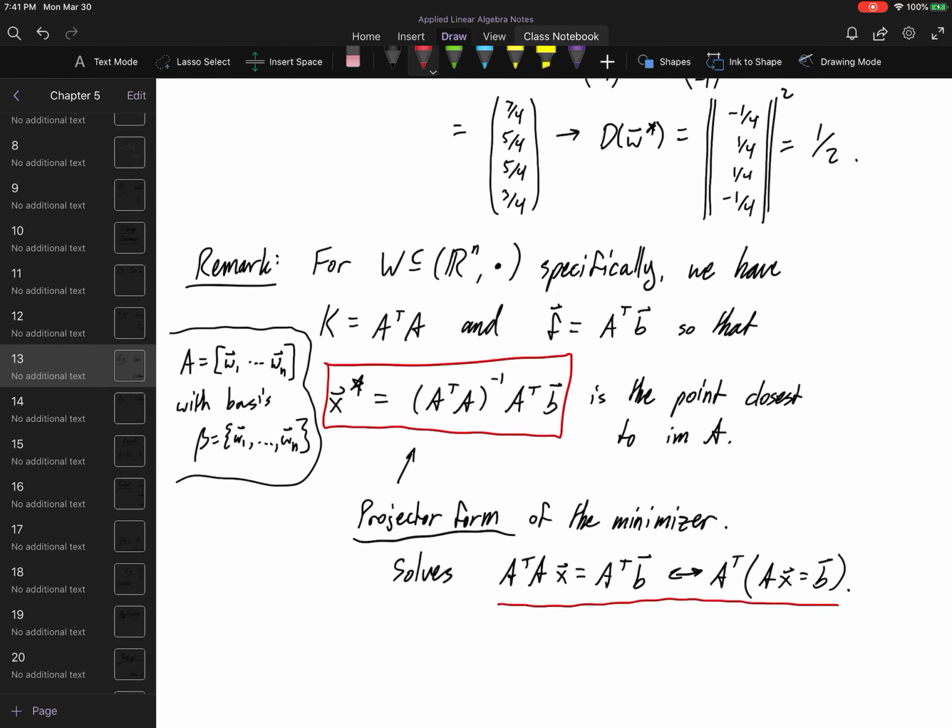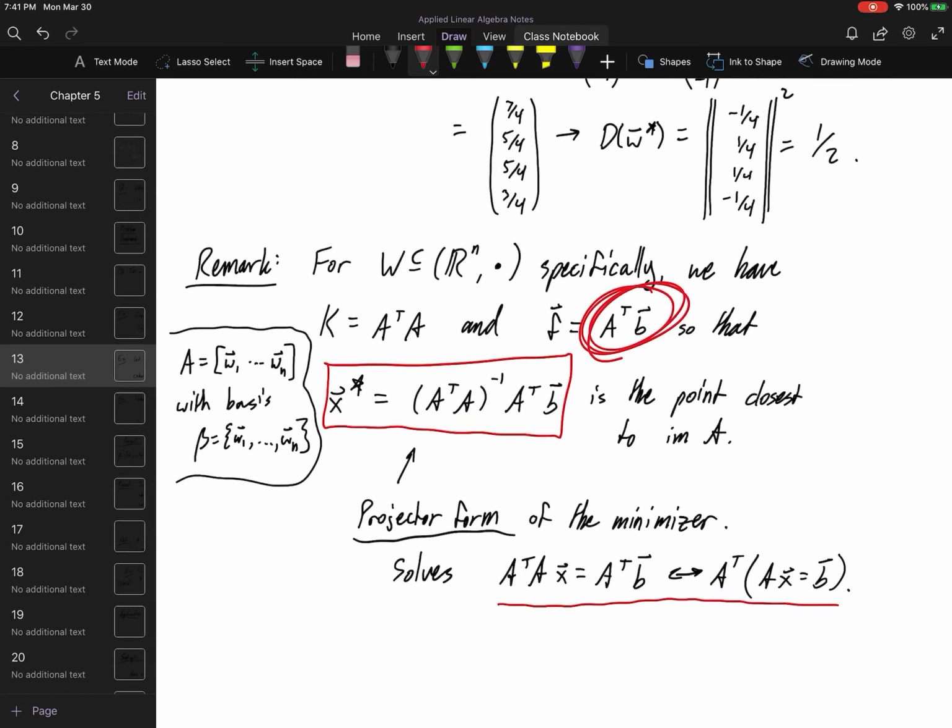And just as a quick remark here, the way that we set this one up is that K was a Gram matrix for a specific A, okay? And F was going to be the weights associated with each of those vectors, or effectively a projection of B onto these columns, or onto this set of basis vectors.